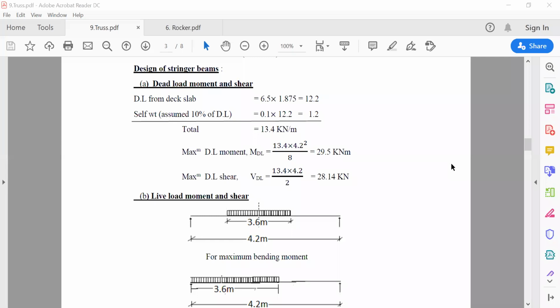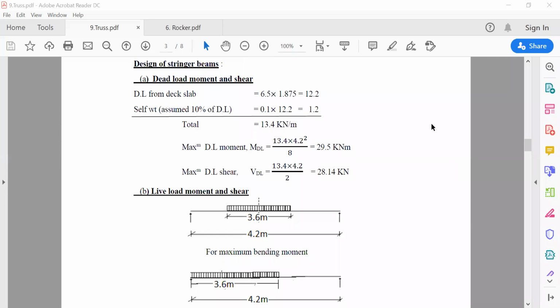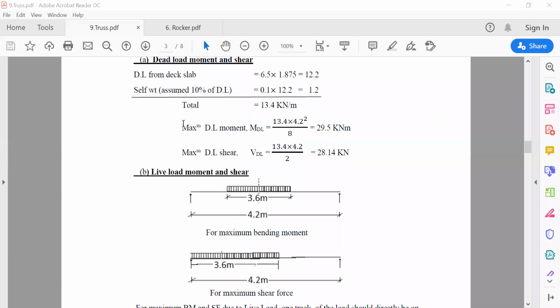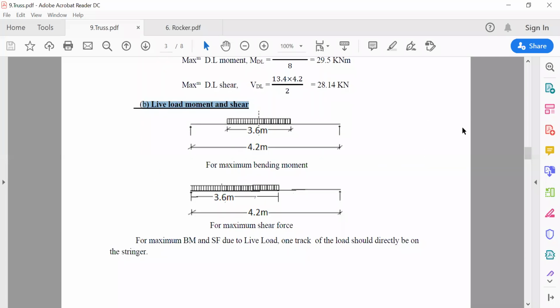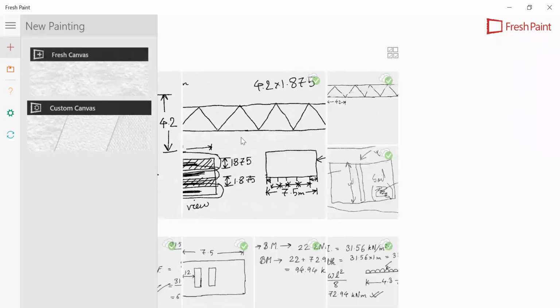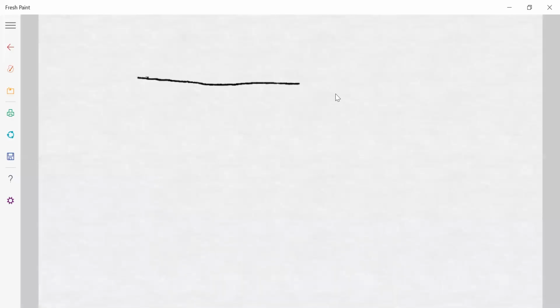After this, maximum dead load moment and maximum dead load shear force, let us go to the live load. For the stringer beam, let me go to the paint once more. People will move along this direction, isn't it?